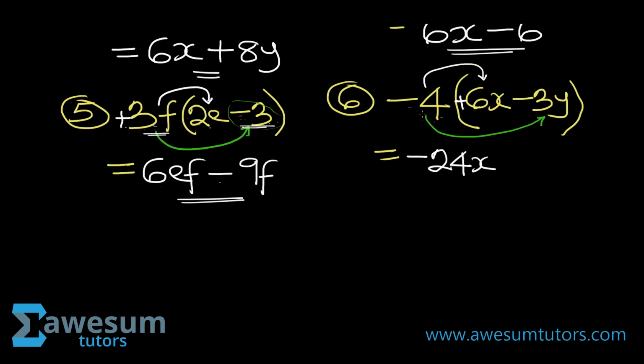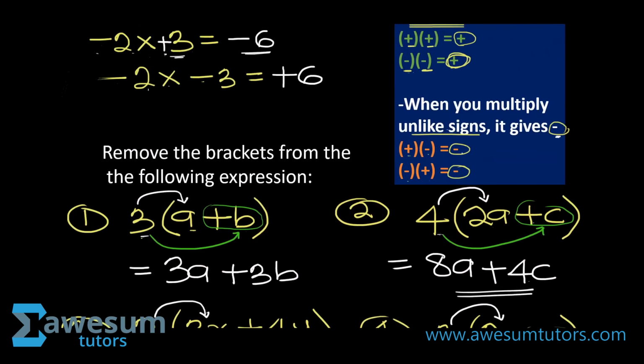Now we want to use negative 4 to multiply out negative 3y. Again, you're going to have negative times negative right here. Those are like signs, right? Negative and negative are multiplying each other. They are like signs. It becomes positive. Remember what we said earlier.